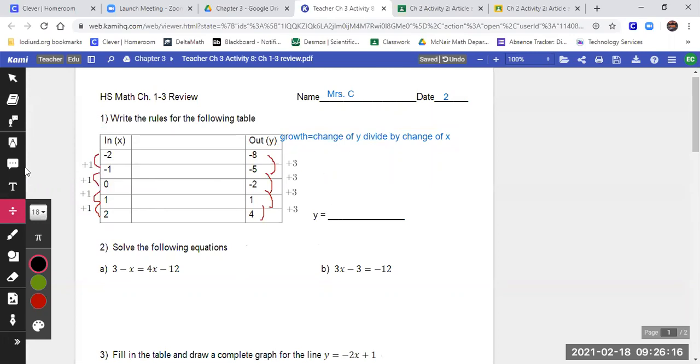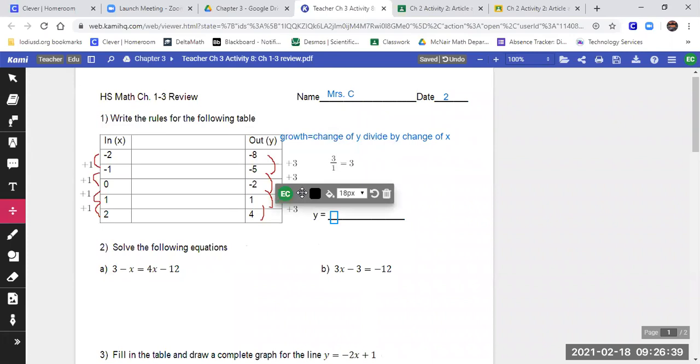So I have my growth is a change of y, 3, divided by a change of x, 1. Okay. And that's why it's a 3 that's going to go up with our y value. Okay. So our equation starts with a 3x. Okay.